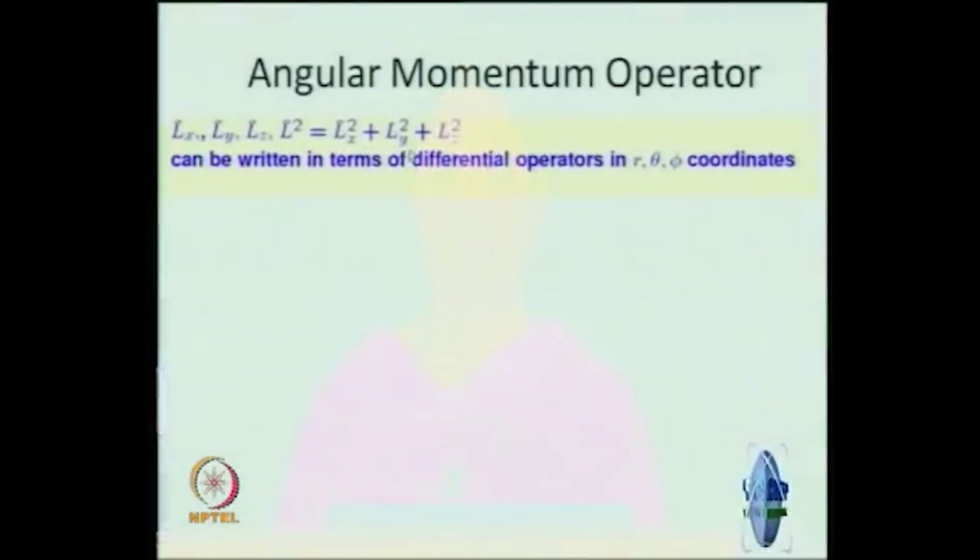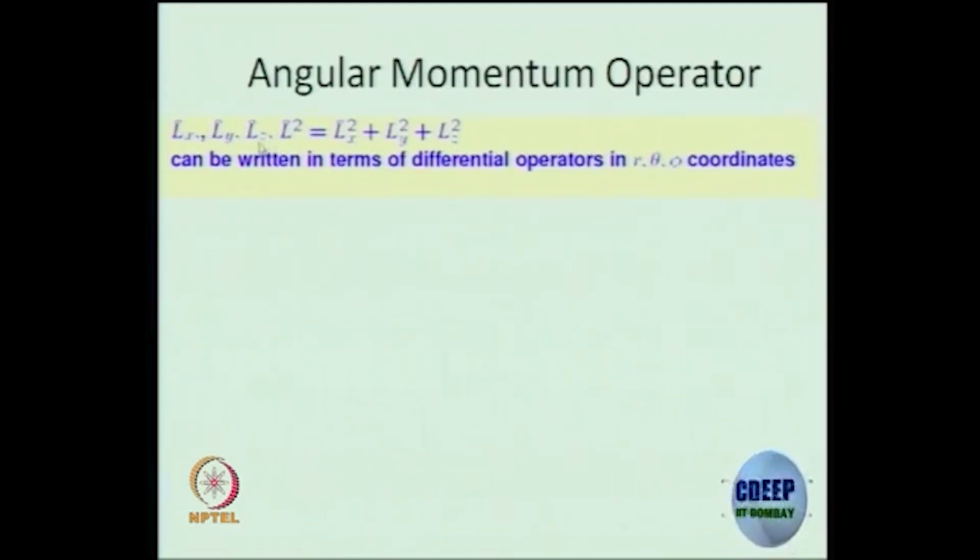Let me briefly tell you the angular momentum operator and how it commutes with the hydrogen atom Hamiltonian. L dot L is Lx squared plus Ly squared plus Lz squared. In order to study spherically symmetric systems, we use r, theta, phi, and you can make a change of variable and rewrite all these Cartesian components in terms of spherical coordinates.